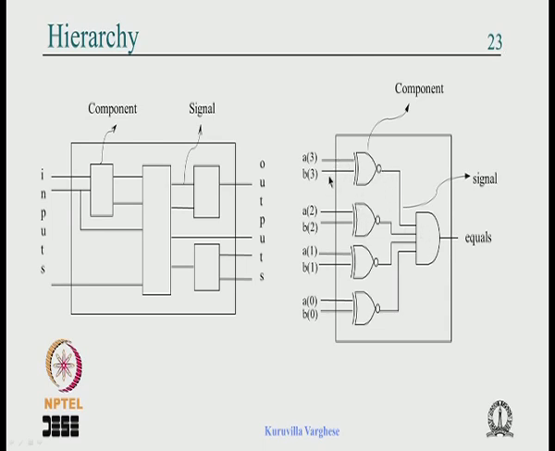That means we will say A3 is connected to the first input of the first exclusive NOR gate, B3 is connected to the second input of the first exclusive NOR gate, the output of the first exclusive NOR gate is connected to the first input of the AND gate and so on, okay. We will see how that is done.